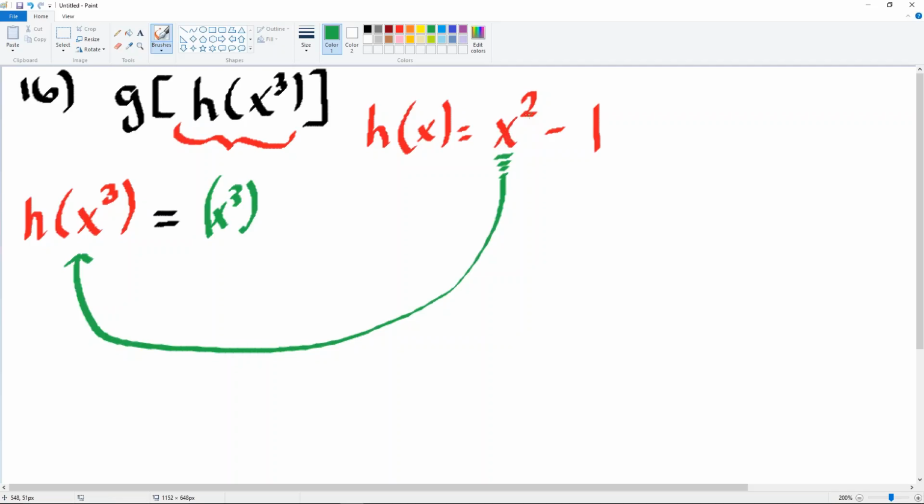It's being raised to the second, so you have to do that, then minus 1. If you make that cleaner, when you raise a power to a power, you multiply the exponents. So it becomes x to the 6th power minus 1.